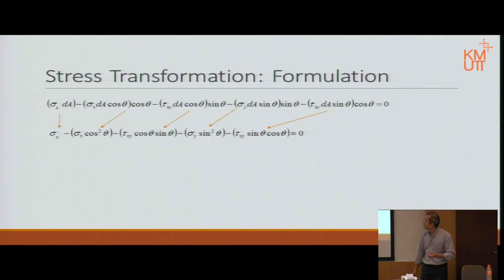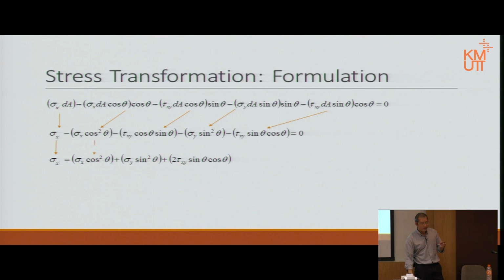Next we'll start to arrange, as I said. First, we notice that there are repeating terms, so we move those repeating terms together, meaning the tau xy term. Now we reduce it even further.